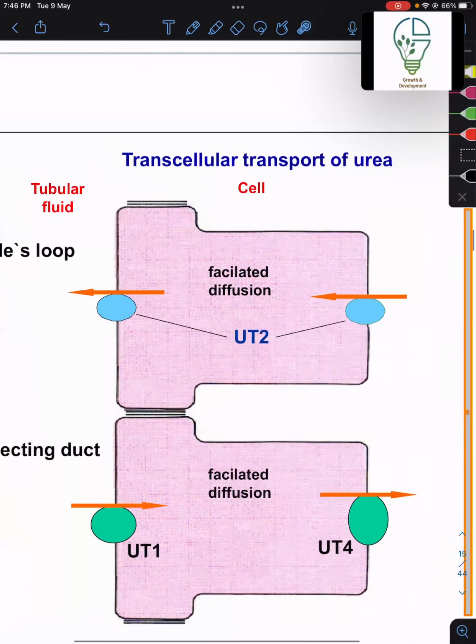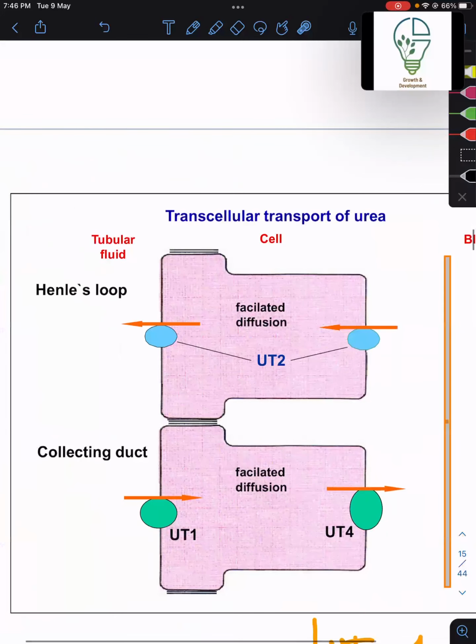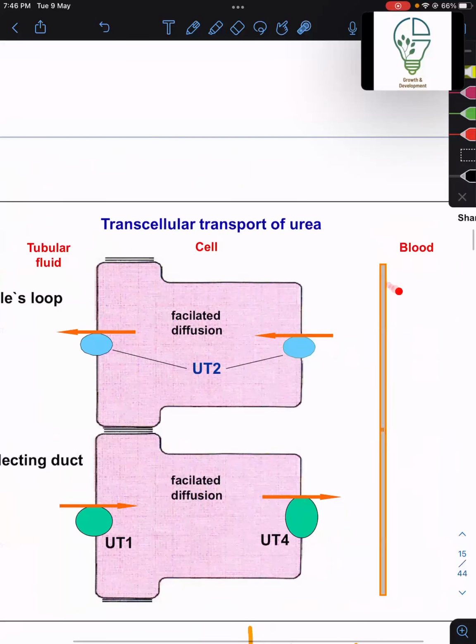Okay, and what they want you to know is that when urea goes from my blood into my tubular fluid, which is called secretion, it's going to use the transporter UT2. In other words, urea transporter 2.